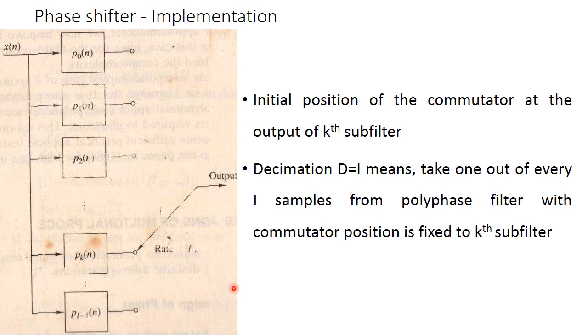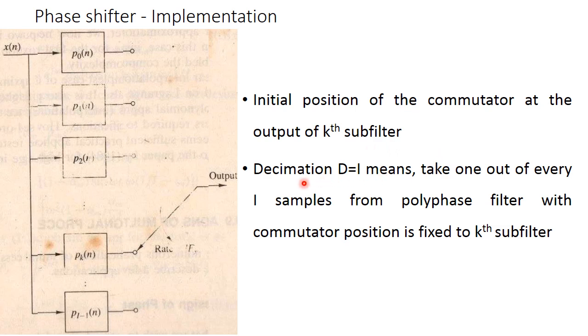Which means we need to connect the commutator or switch that we have used earlier to a certain filter called K. So K is the delay that you require. Here the initial position of the commutator is at the output of the K subfilter.